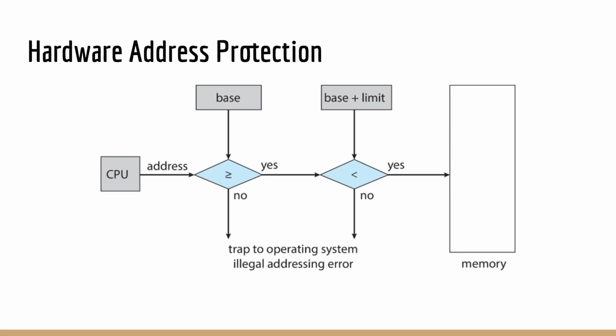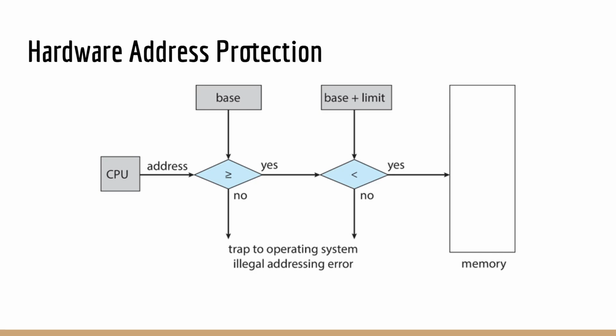The hardware first checks if the address is greater than or equal to the base register. If it is, then it checks if the address is less than the base plus limit value. If both conditions are true, the process is allowed access to memory.